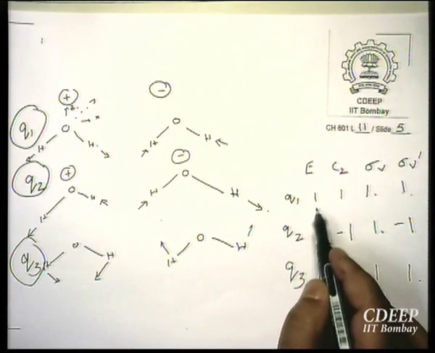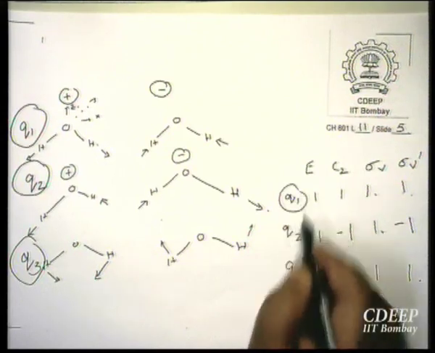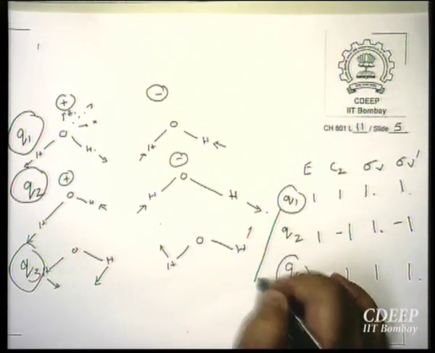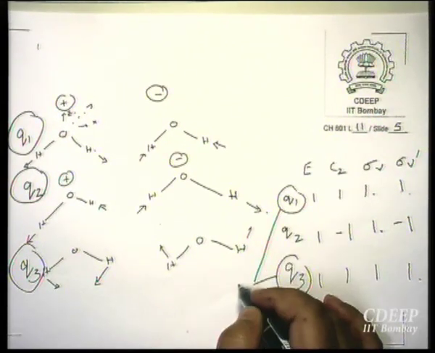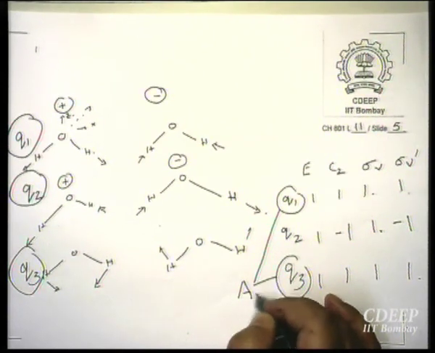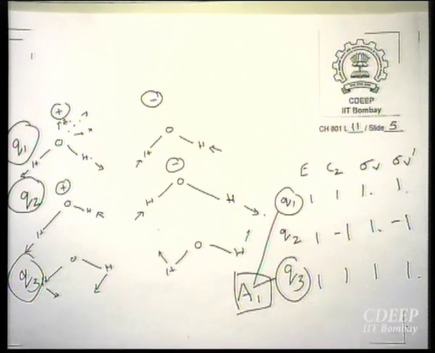So Q1 and Q3 both belong to A1 symmetry species, totally symmetric, and I don't even need to see the character table for A1, because A1 means the character with respect to C2, the principal axis, is 1, and the character with respect to sigma V is also 1. That's all I need.